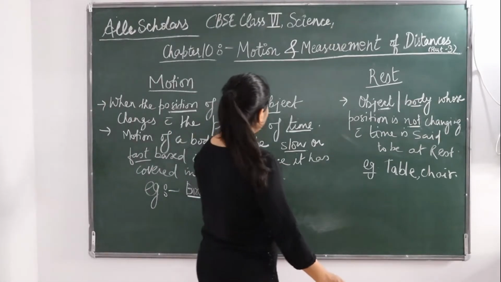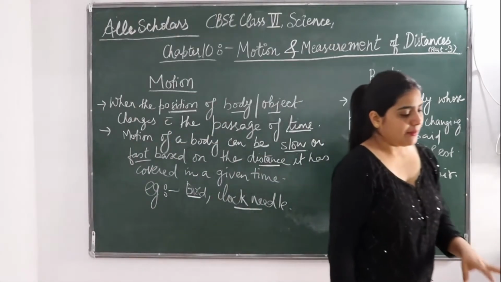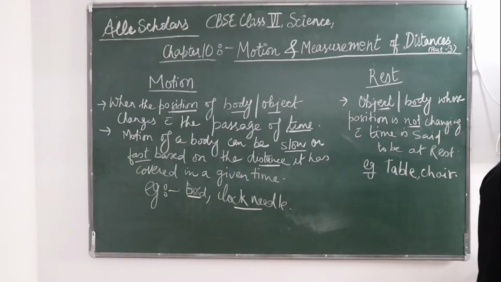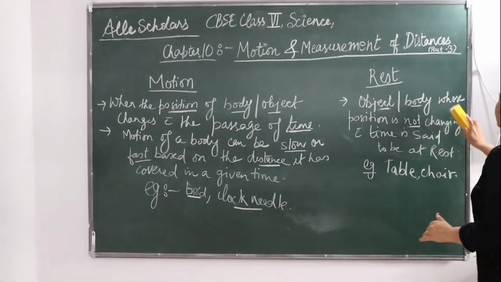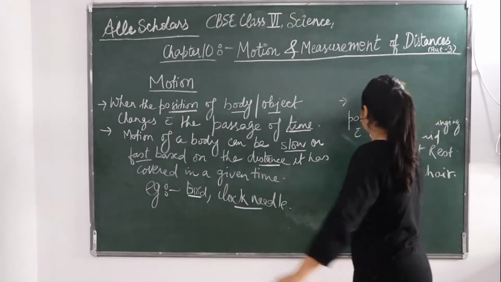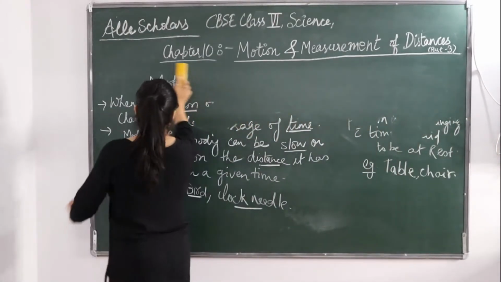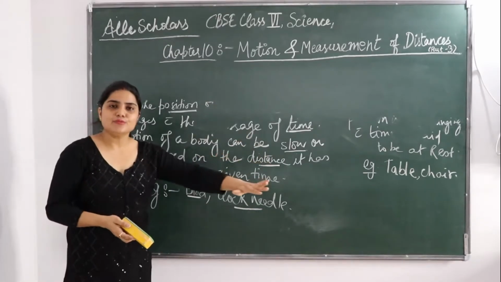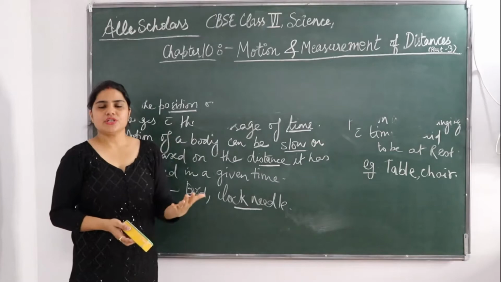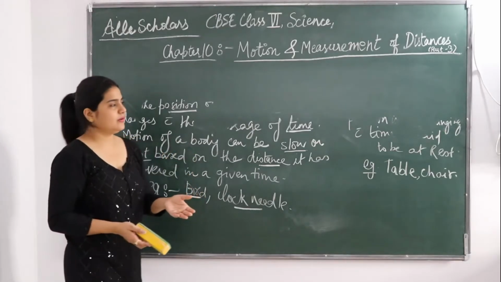So this was about motion and about rest, how we can decide whether a particular body is in motion or that body is at rest, okay. So motion means movement, moving, a body is moving with time, motion का मतलब ही है movement, okay.